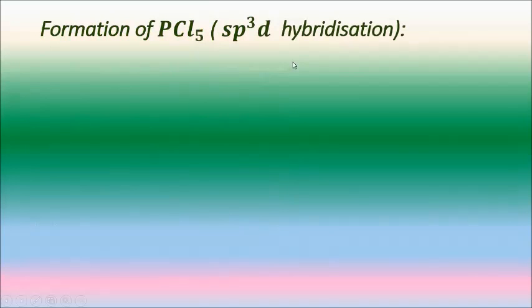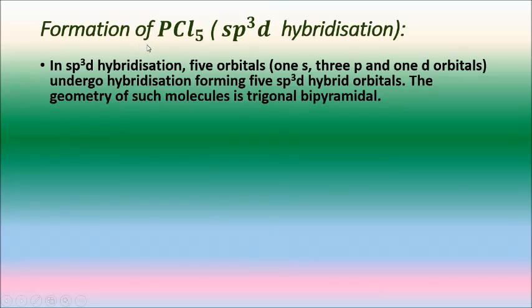Now let's see the next type of hybridization, that is sp3d hybridization, and it is explained with the example of PCl5, phosphorus pentachloride. In this itself, we can understand that one s, 3p, and one d orbital are involved in the hybridization. So it can be said that it will give you 5 hybrid orbitals, right?